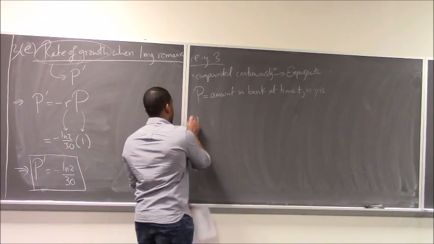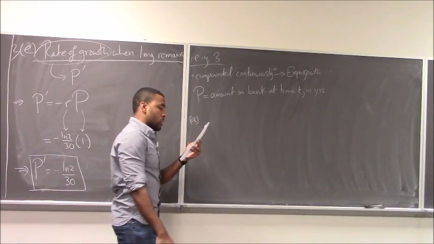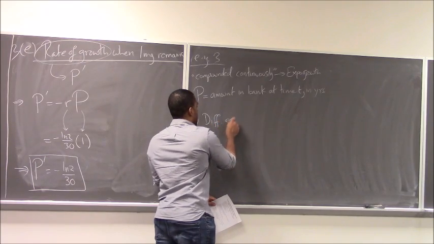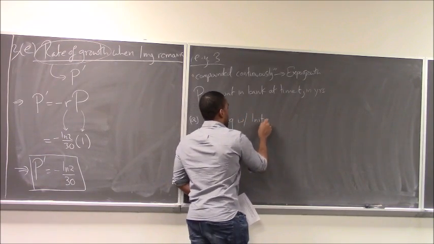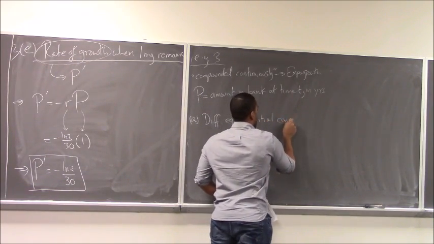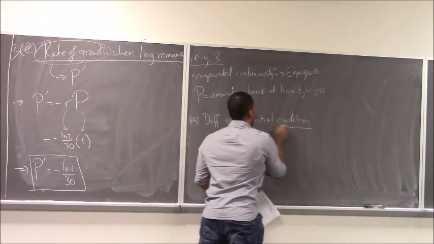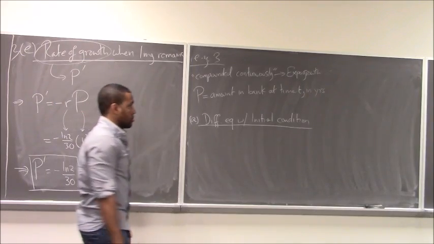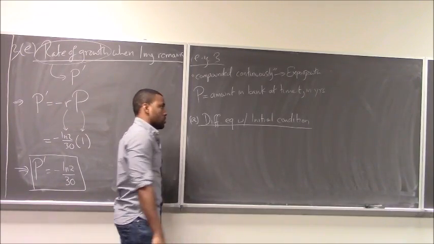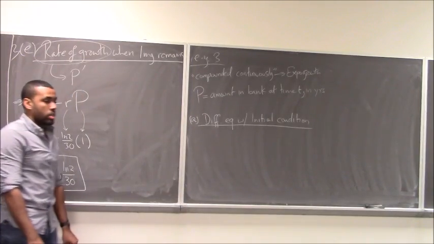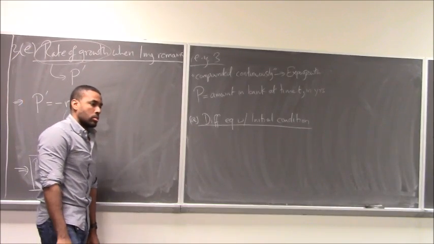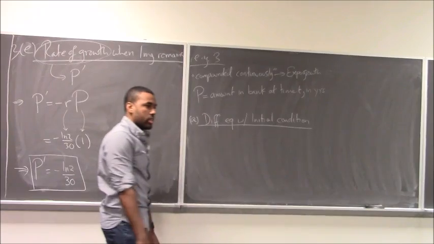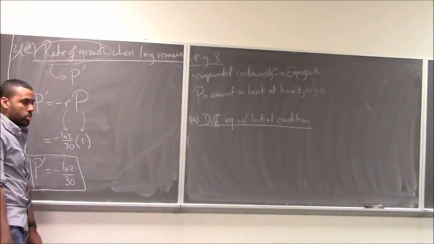In part A, I want the differential equation with an initial condition that describes the situation. What's the differential equation going to look like? Remember, the phrase differential equation just means an equation with a derivative in it, so that should hint at what equation we're looking at.